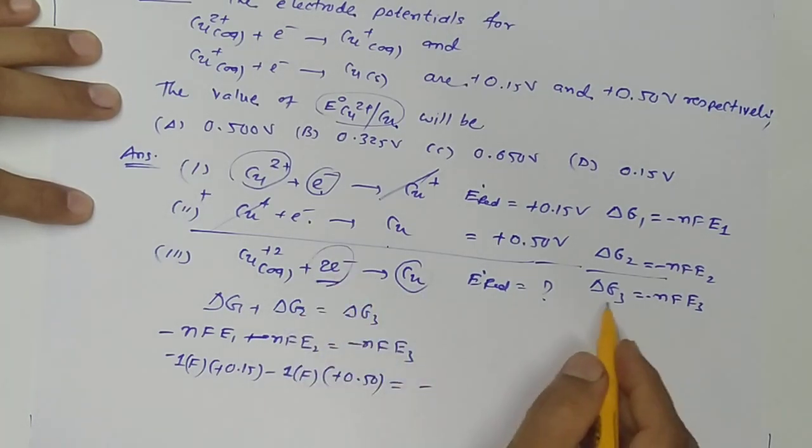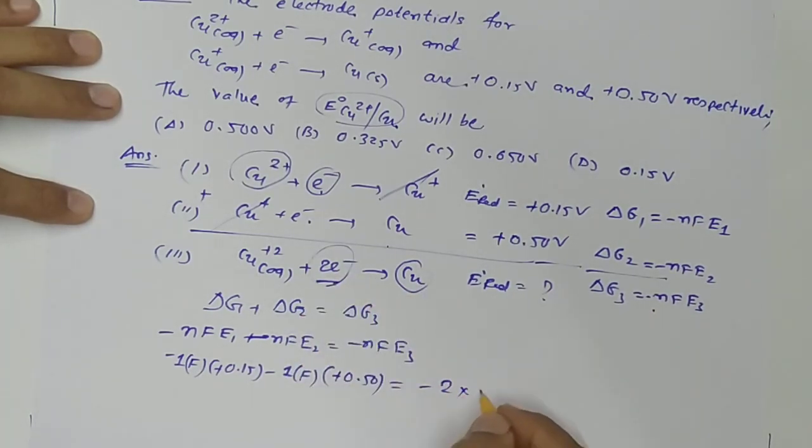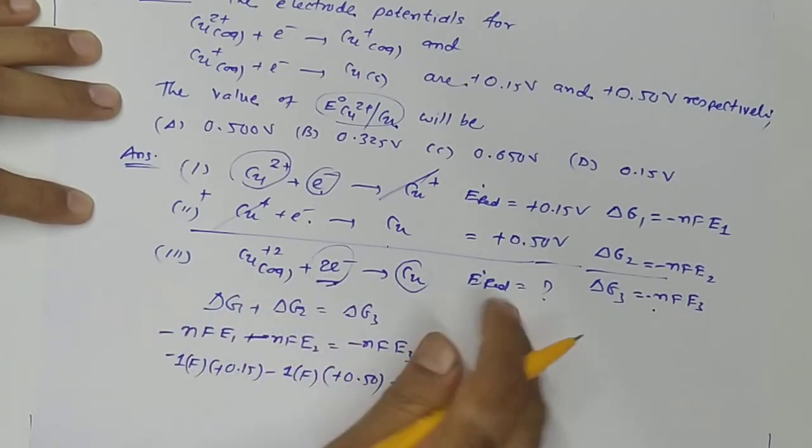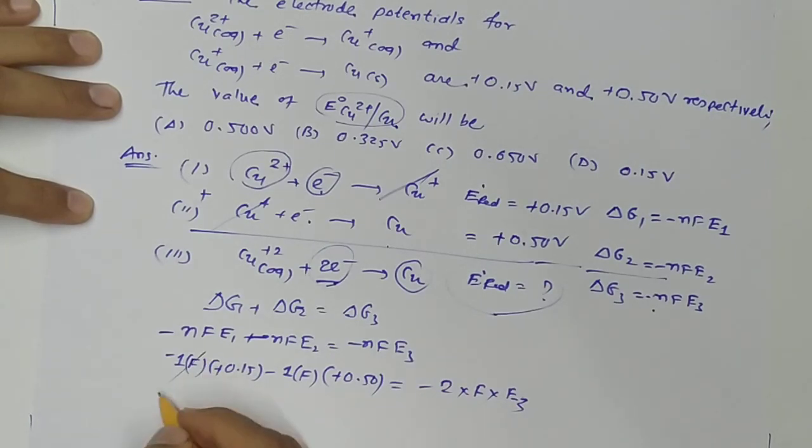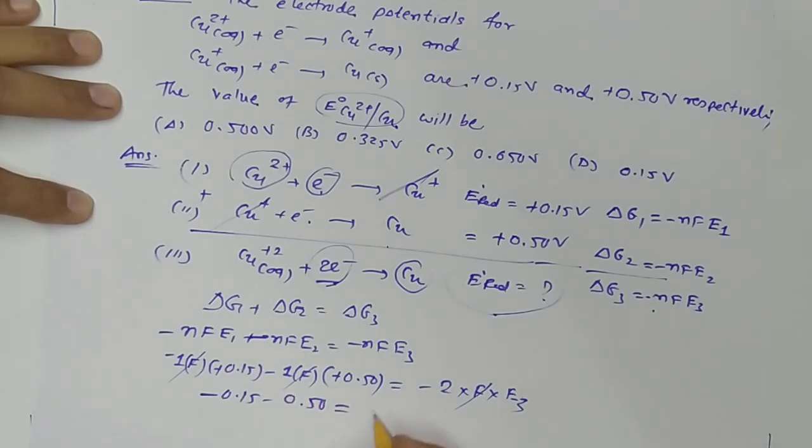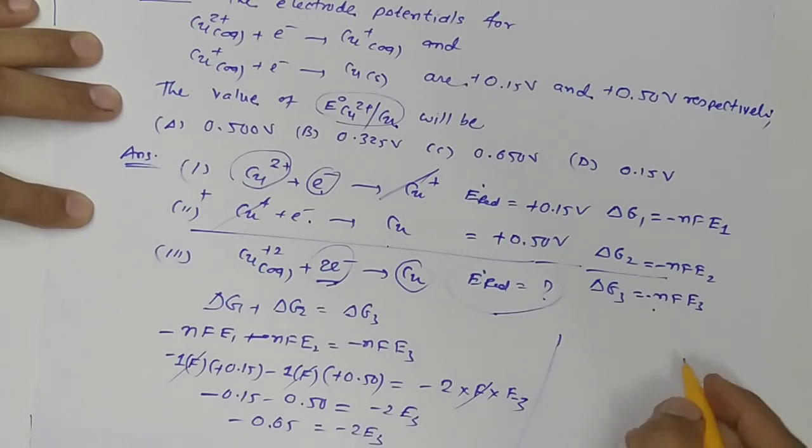Here the number of electrons is 2, F constant, and E3 we have to derive. Reduction potential, F cut: minus 0.15 minus 0.50 equals minus 2E3. So minus 0.65 is equal to minus 2E3.